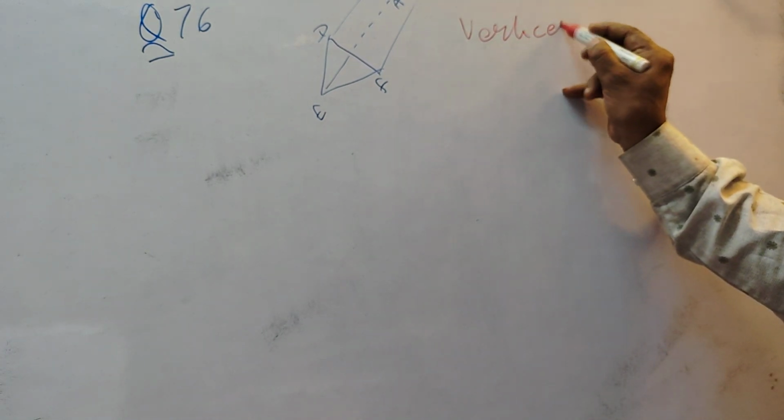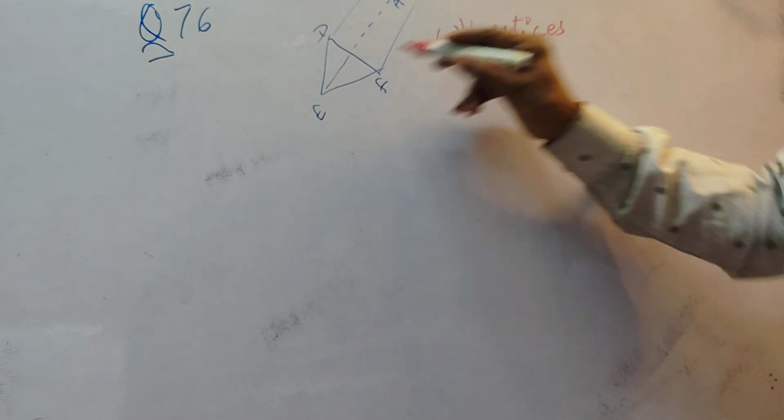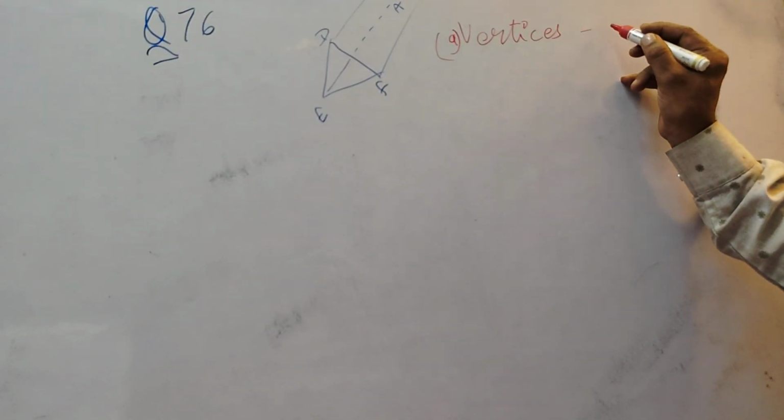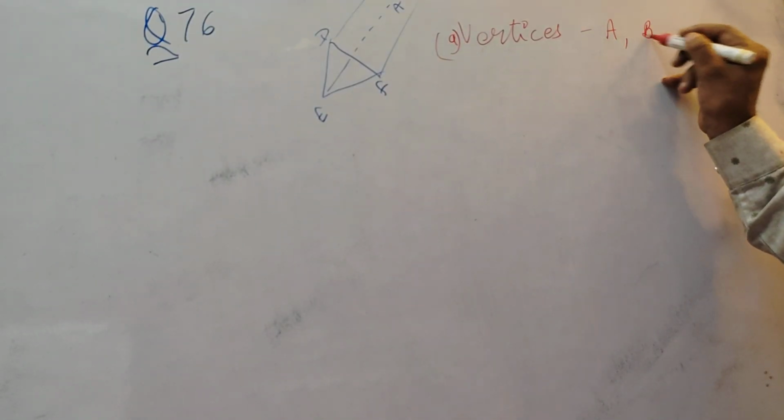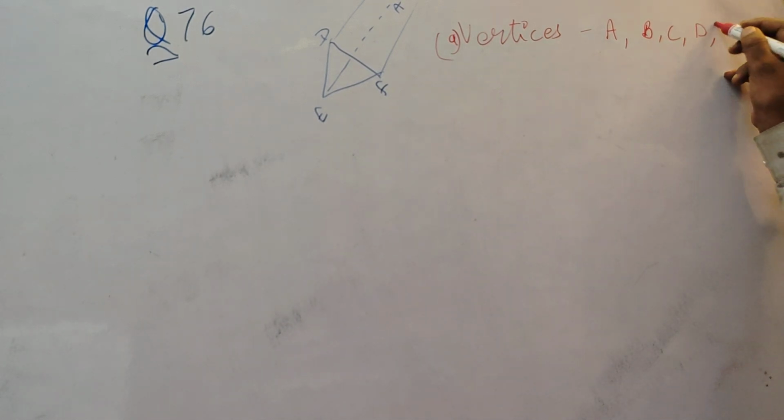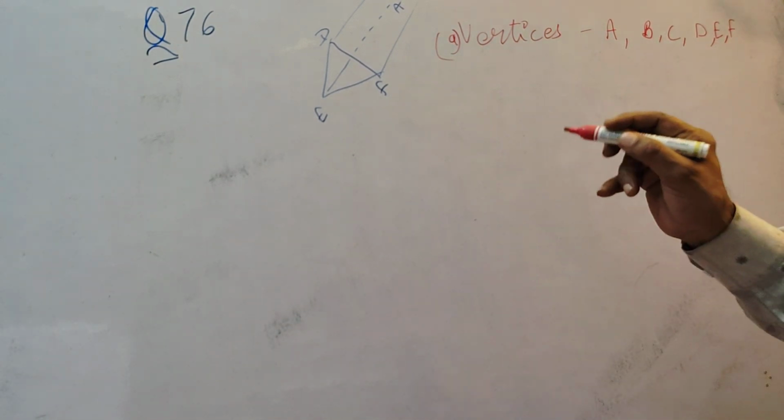Vertices are the corners, and the names are A, B, C, D, E, F. So there are six vertices.